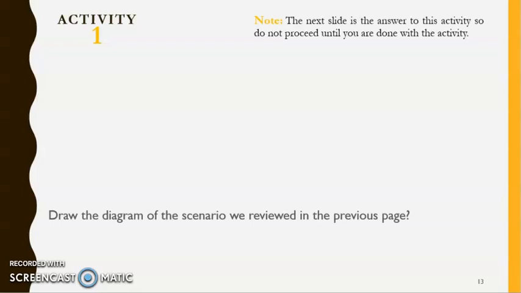When you want to draw the diagram, you should consider some origin points and some destination points. Origin points could be the project leaders, and destination points could be the projects.